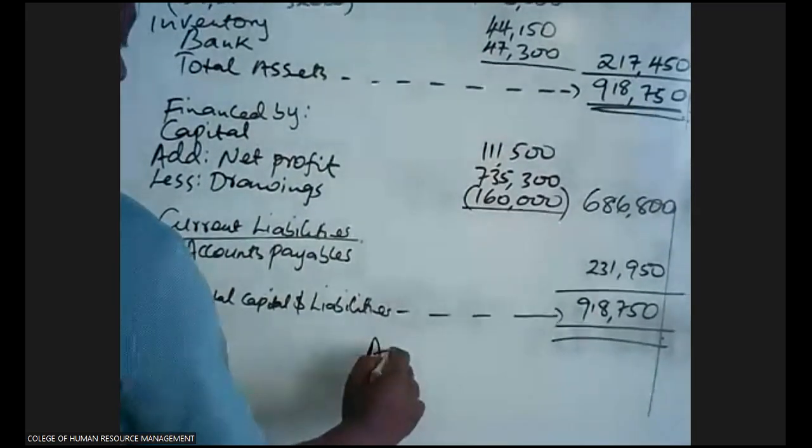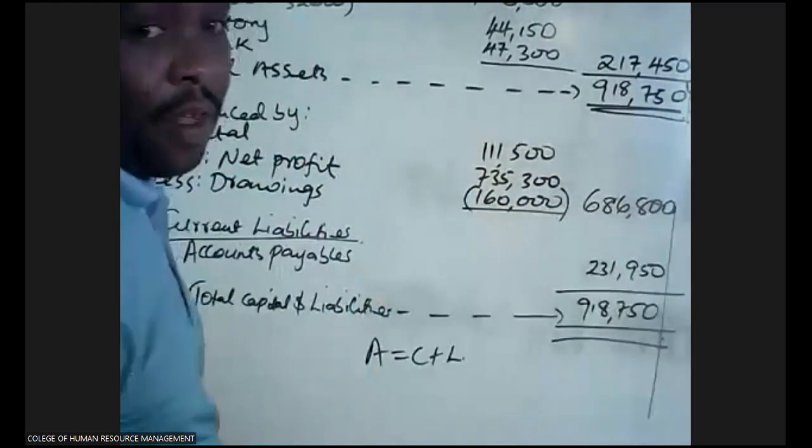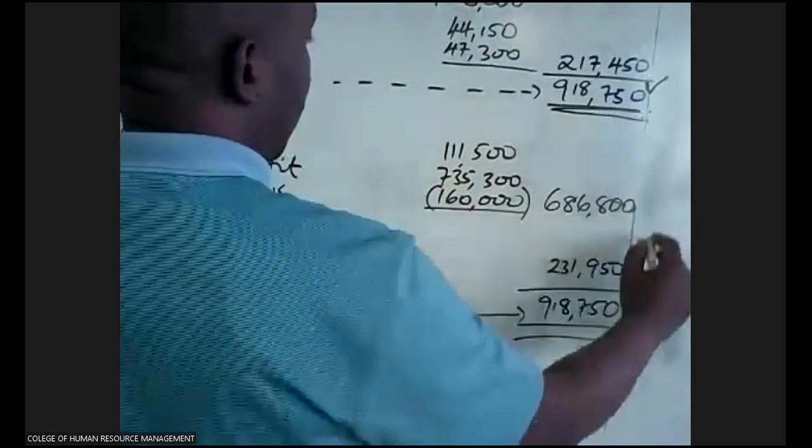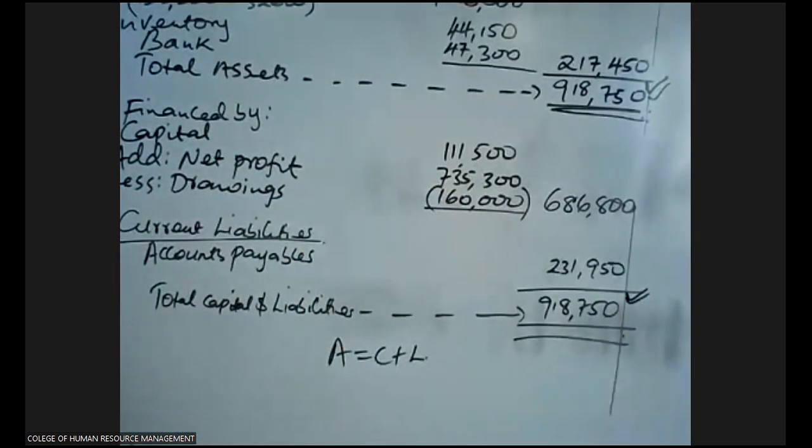Assets are equal to capital plus liabilities. So the total figure for the assets is the same as the figure for capital plus liabilities. That is all.